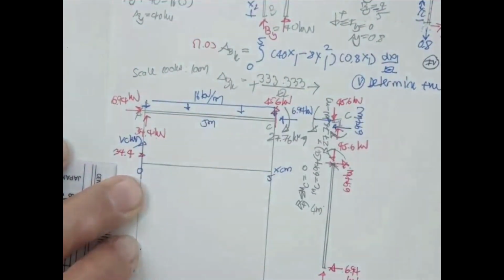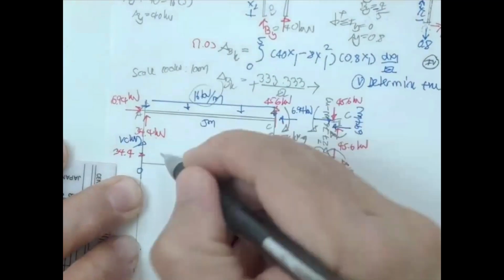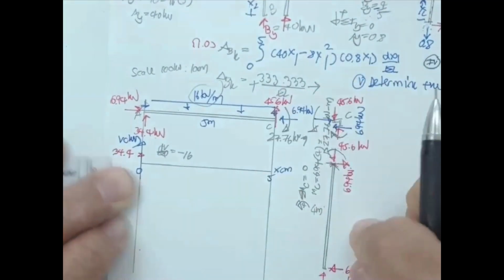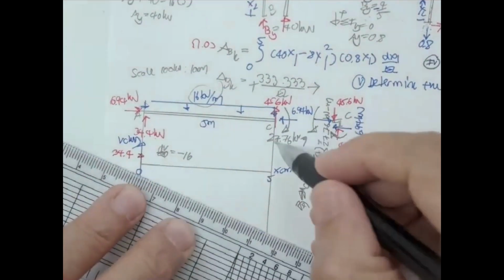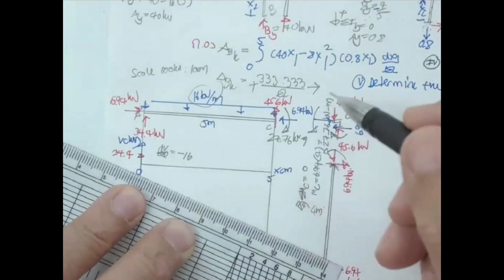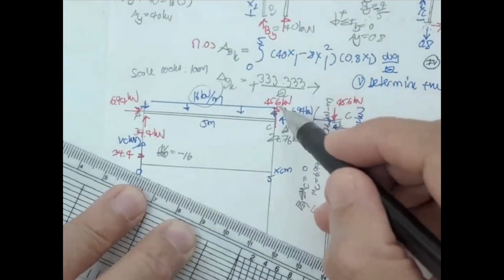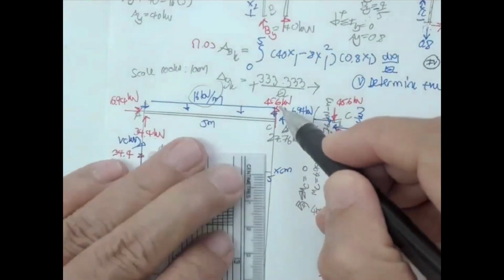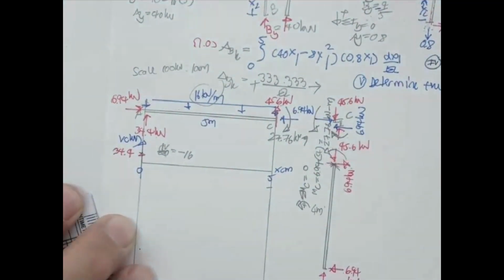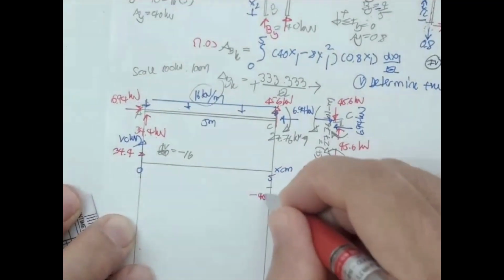Now you come to this one, dV by dx is going to be minus 16. And then this is going to be 45.6. Okay, so this one is supposed to be negative, negative 45.6.